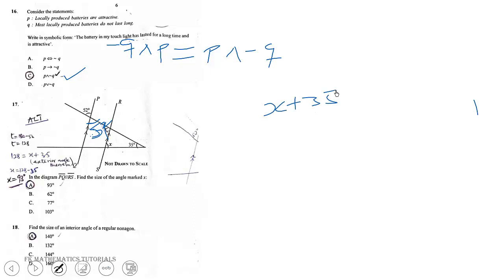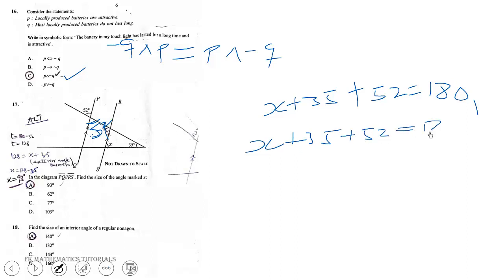So the 52 degrees here and the x plus 35, they are co-interior angles. They will add up to 180. So x plus 35 plus 52 equal 180.